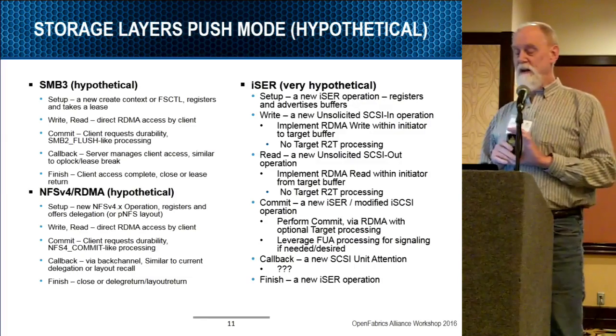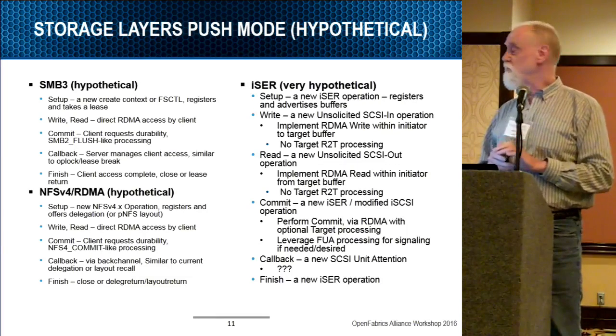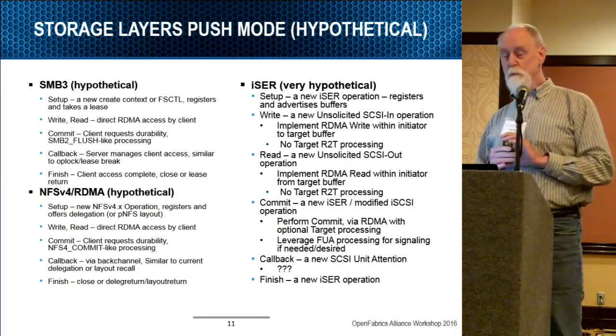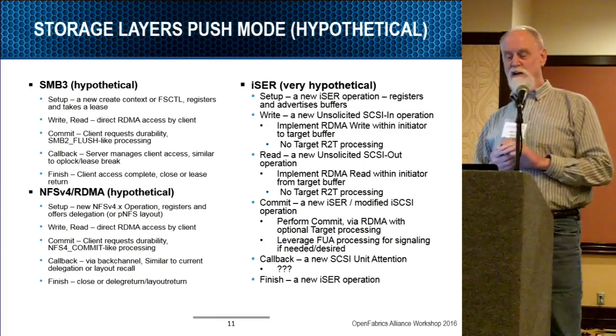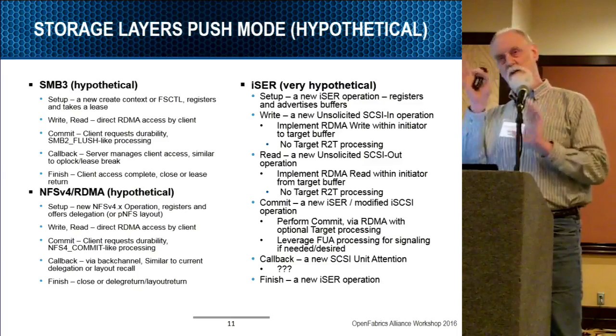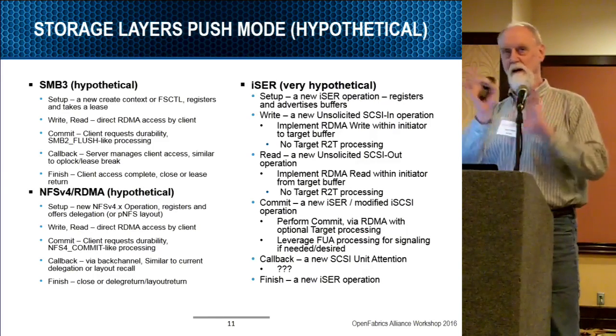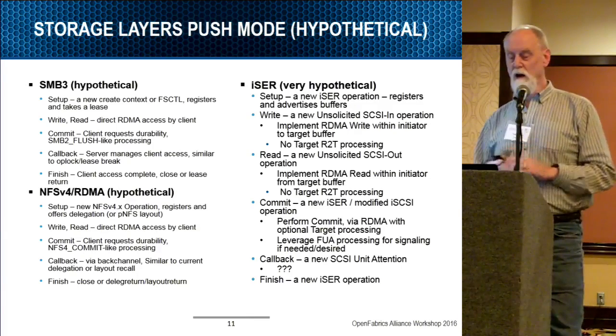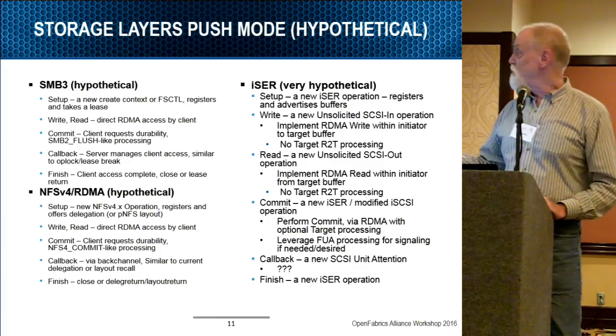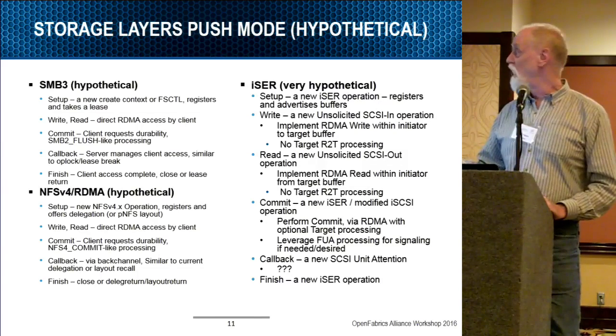A little bit of hypothetical thinking. What would these three storage layers look like if they had push mode? In SMB3, the operations actually look almost the same. It's just that they sort of change layer, if you will, by moving from the SMB3 layer down to the RDMA layer. The setup is a new create context or an FS control to register and take a lease, to take ownership of the file.